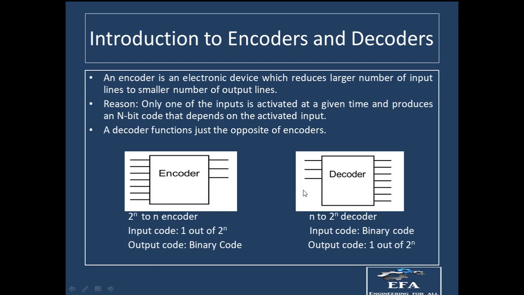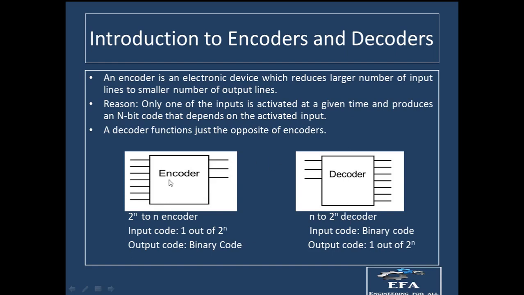The bits received from the different input lines are clubbed together, and then sent to the particular output line designated for carrying this information. So in a decoder we have n input lines and 2 raised to power n output lines. In this way, the decoder is just the opposite of the encoder.